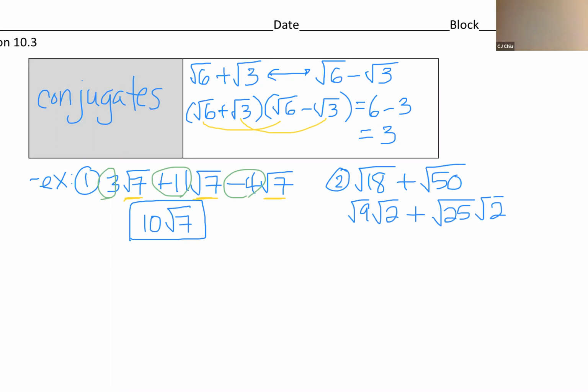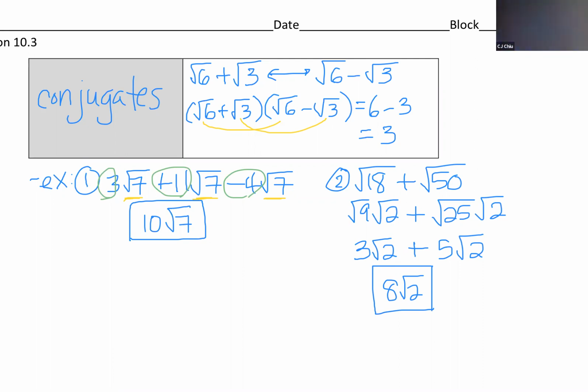Square root of 9 is 3, square root of 2. Square root of 25 is 5, square root of 2. So that's nice because now we have square roots of 2. So we can just add 3 plus 5 gives us 8, and then square root of 2. So think about square root of whatever: if they're the same, it's just like adding or subtracting an x.